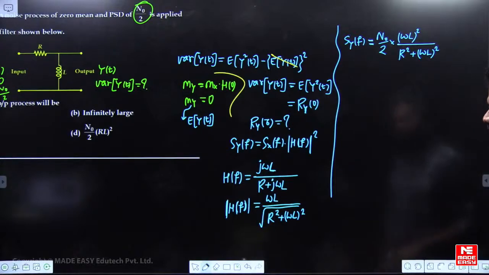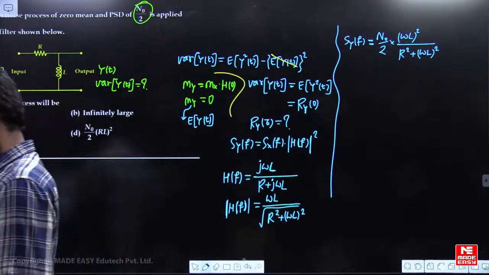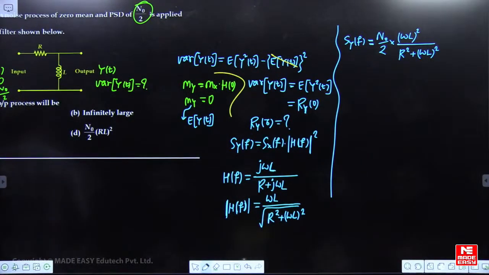This is Sy(f). And we have to find the inverse Fourier transformation for that.